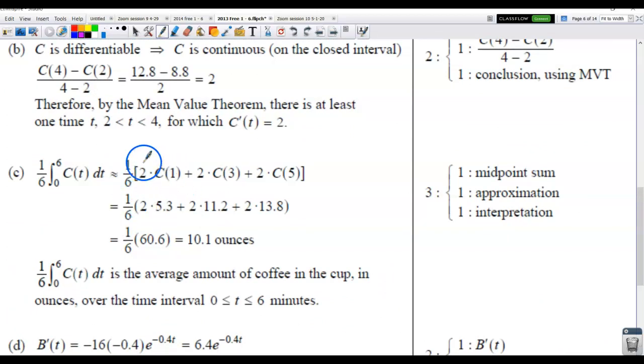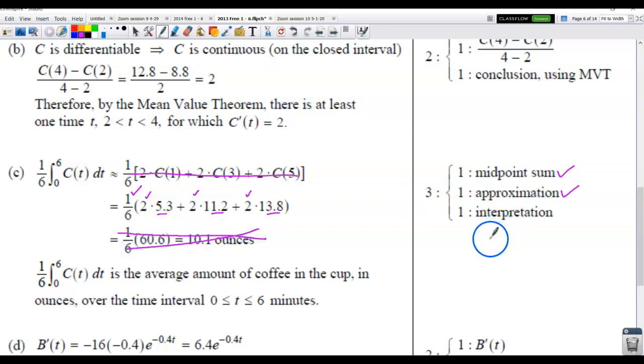So here's the work. I don't care about this line right here. We're going to have our 1/6, and we can see the midpoint sum, the common width 2, 2, 2, midpoint 1, midpoint 2, and midpoint 3. So that gets you the first 2 points of the midpoint sum as well as the approximation. You do not need to take it any further down here.